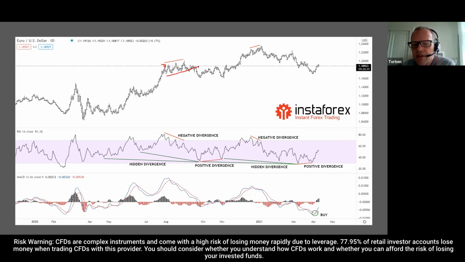I have this support line, and actually you could just have sold over here if you want, or taken profit, but you can also use the MACD in combination with this one. So at this point, you start to have the divergence, and here it breaks and indicates it's time to sell or take profit.